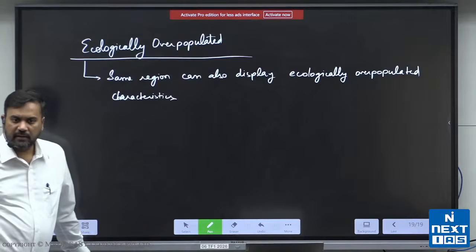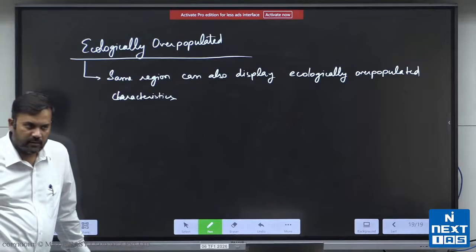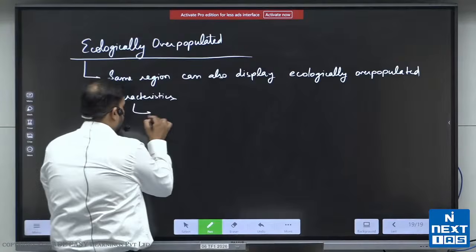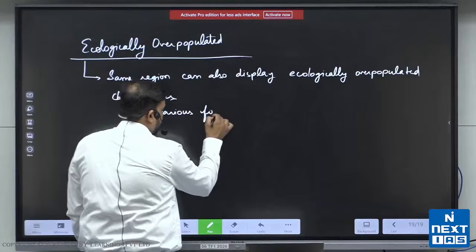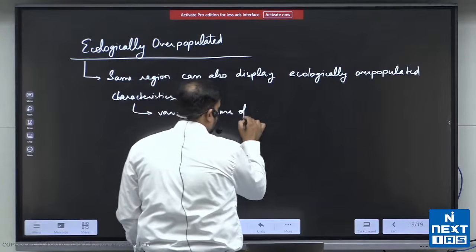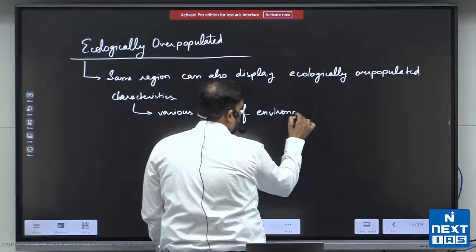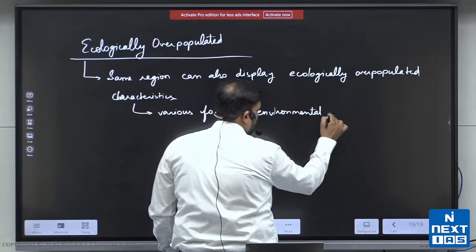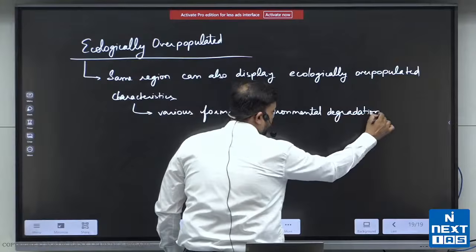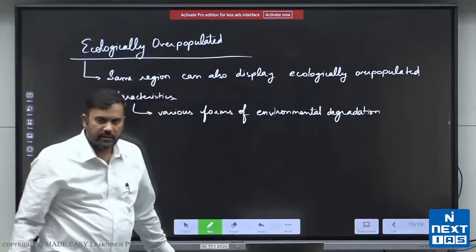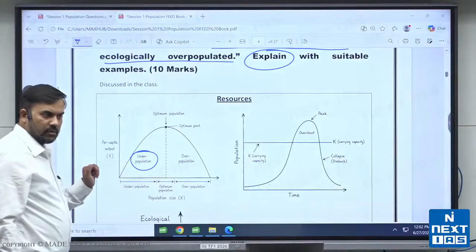What will be those characteristics? Like for example, environmental degradation. So it will be in various forms of environmental degradation. Environmental degradation. Or why it is so?